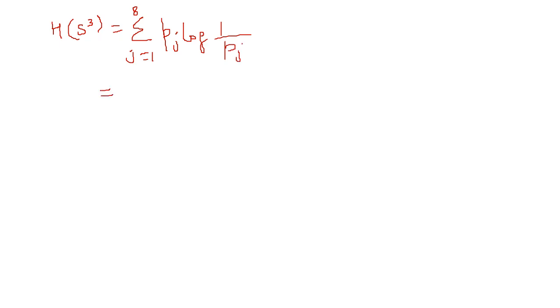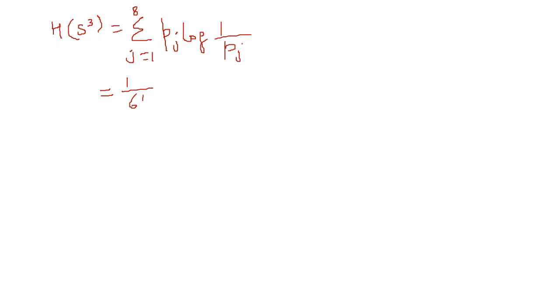Now the entropy of the third order extension, that is H(S^3), is given as summation j equal to 1 to 8 symbols, Pj into log 1 by Pj. So we'll try to substitute all the probabilities here.